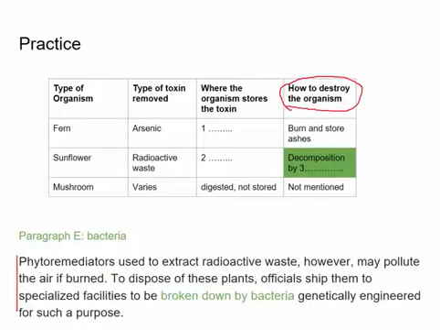Again, this part of paragraph E discusses how sunflowers are destroyed, and it says specifically that they are decomposed with the use of specialized bacteria. Okay, they've been genetically engineered in order to break down sunflowers in this way. All right. So that's how we use the categories and the information from the chart to help us find the answers in the text for these types of table completion questions.